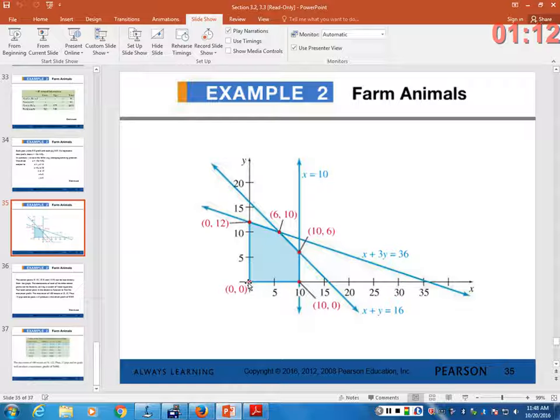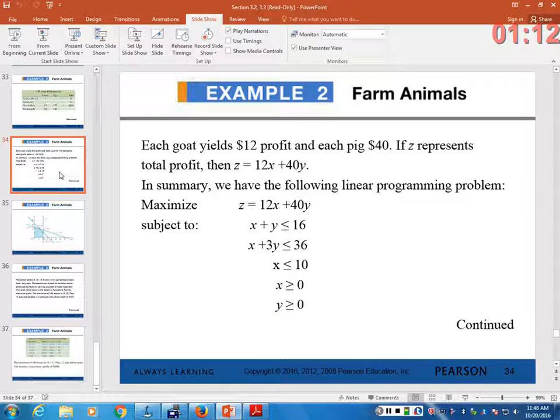Obviously, 0, 0 is not going to give you a maximum of anything. So it's either going to be all goats or all pigs, or 6 goats and 10 pigs, or let's see, goats comes first.